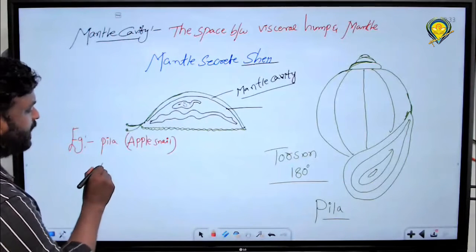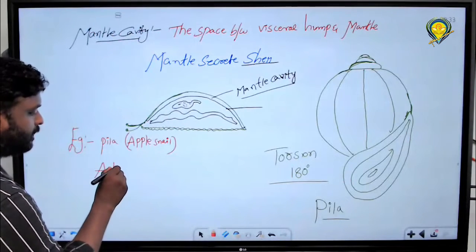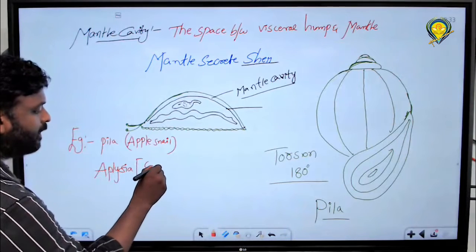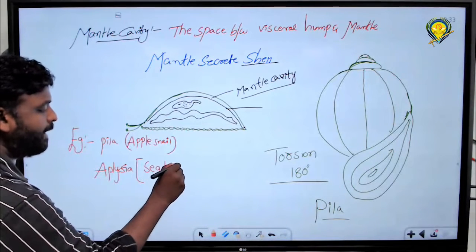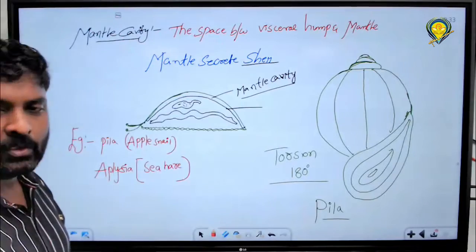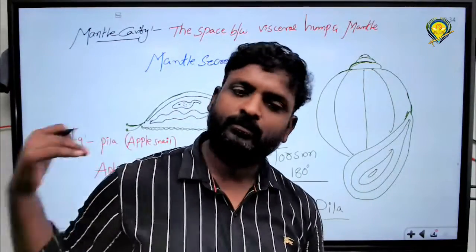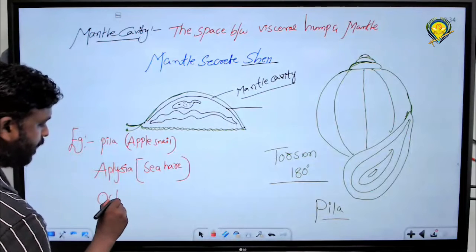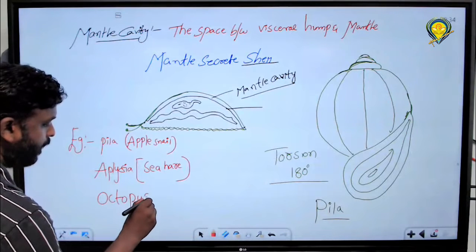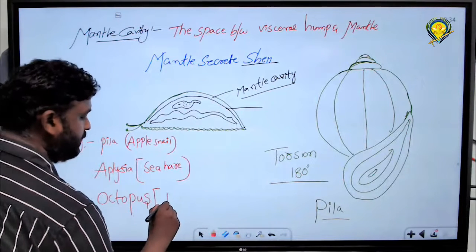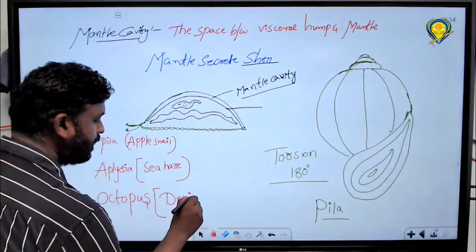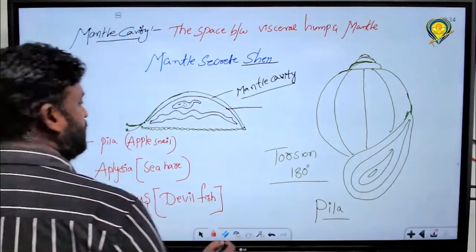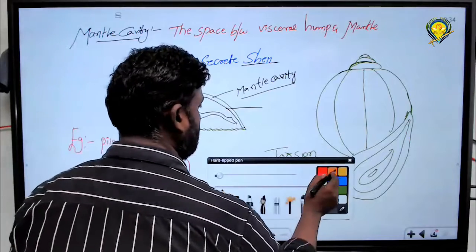Next one. Aplysia means the sea hare, in Telugu, Samudrapu Kundelu. The next one. Octopus means devilfish. Next one. Loligo means squid.